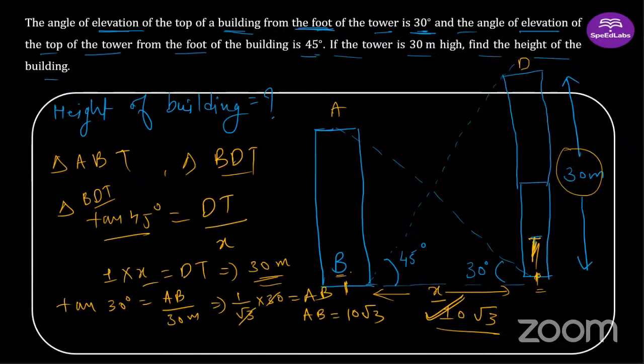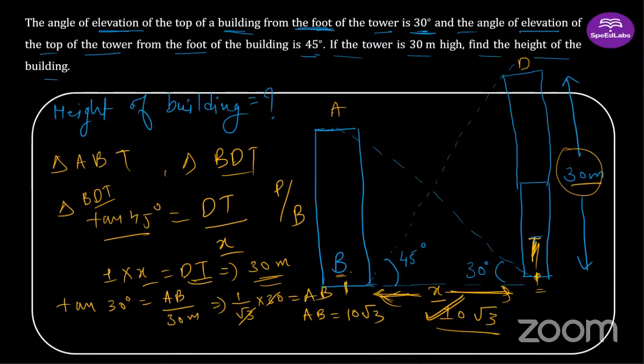Sir, I didn't understand one thing. Tan is P by B, right? Then we should take X up, right? This is our base, no? I got confused in that also. Tan is P by B. See this DT, we have taken this as DT, so this was 30 meter.